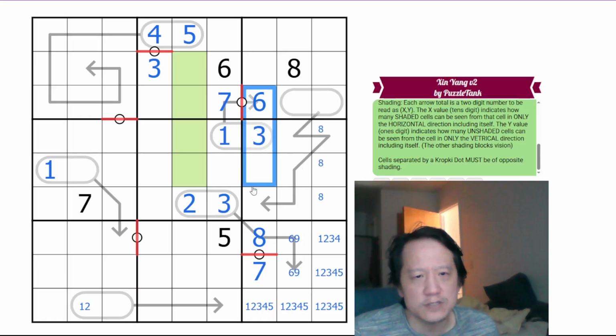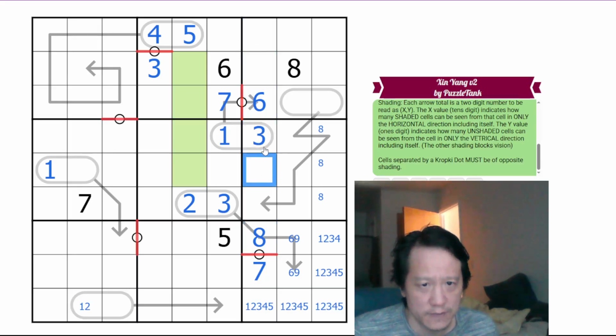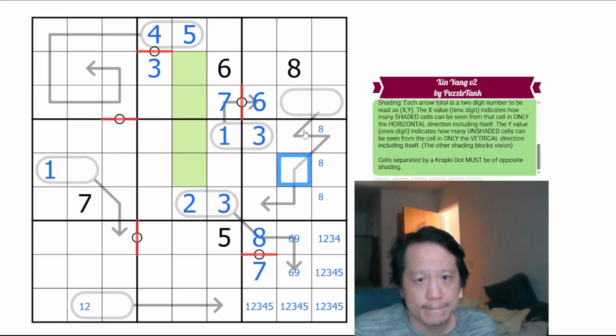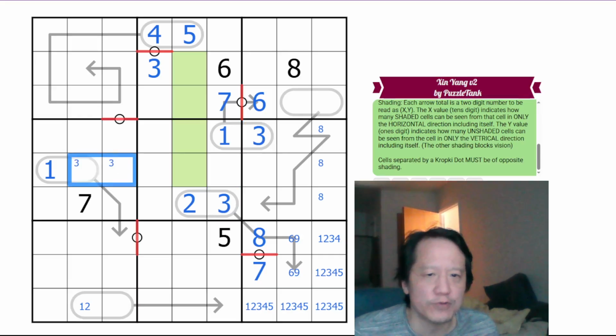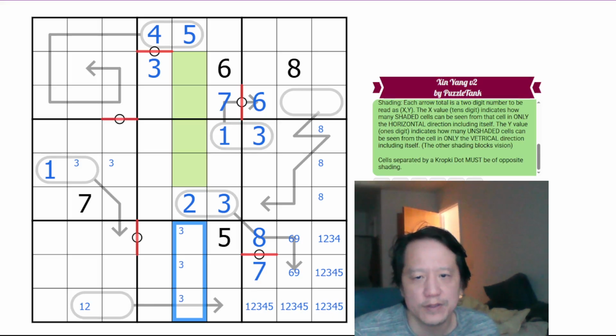So this sees 3 unshaded cells in the vertical direction. This is 3, so one of these two is 3 here in row 5, because we can't have a 3 remaining here. In column 5, we can't have a 3 here because of 3's in the boxes, so 3 has to be one of those 3 there.